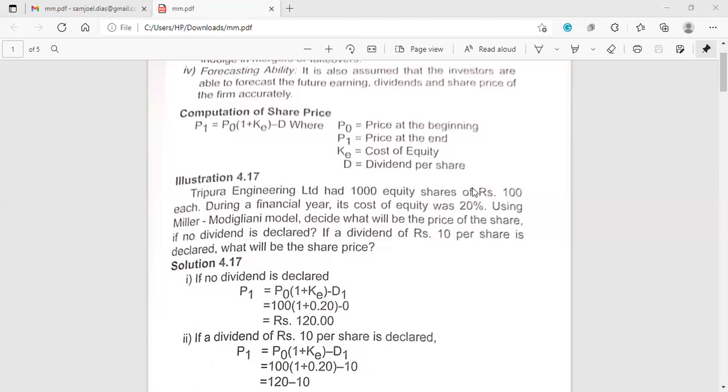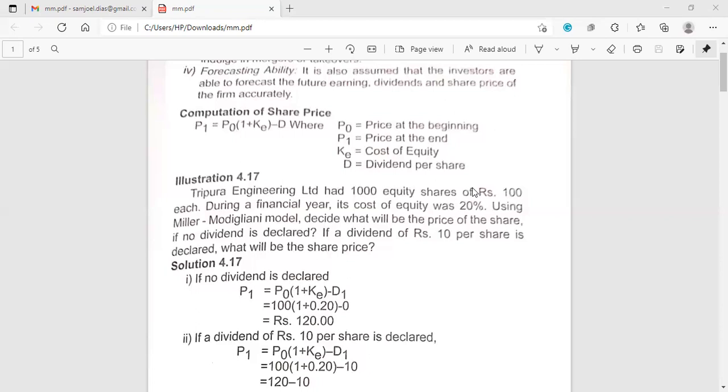And again taxes on dividend also will have an adverse impact. So this model assumes non-existence of taxes, on capital gains or on dividends, so there is an absence of taxes.